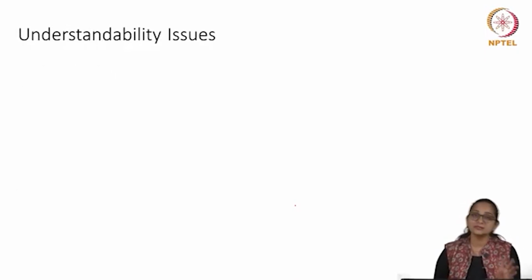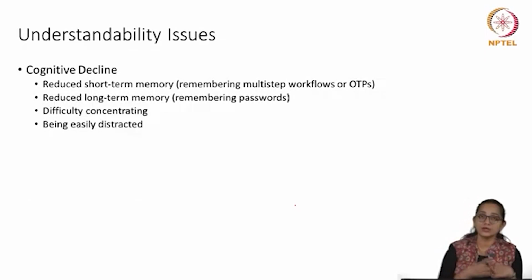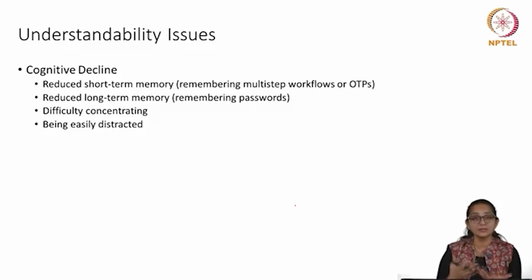Then there can be understandability-related issues which relate to cognitive decline. Reduced short term memory can hinder access to multi-step workflows, or remembering OTPs, remembering what was previously fed in the previous step, or cross-checking if the feedback is not available on the screen itself.